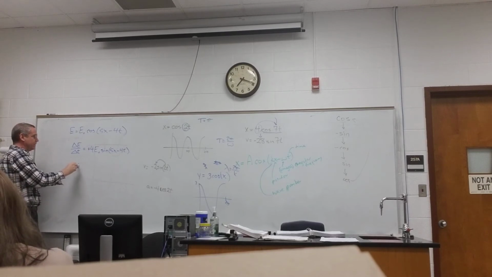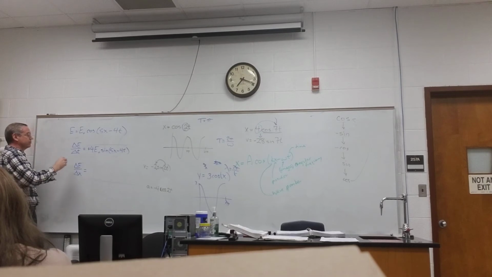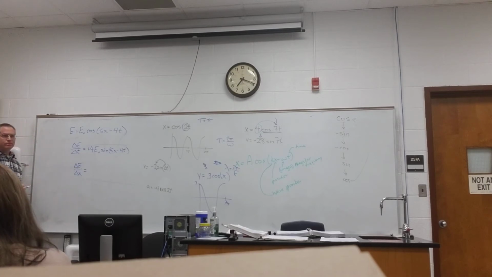If I did delta E over delta x, what would I get? Might be -5.